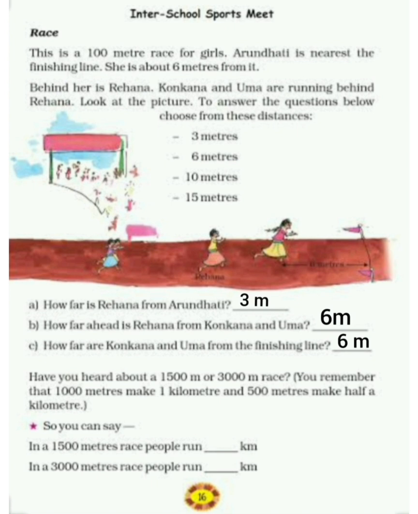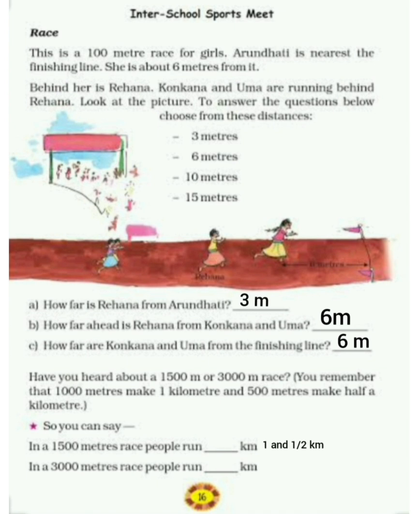Let us now see, have you heard about a 1500 meter or 3000 meter race? Yes, you remember that 1000 meters make 1 kilometer and 500 meters make half a kilometer. Okay, so you can say in a 1500 meter race people run 1.5 kilometers.